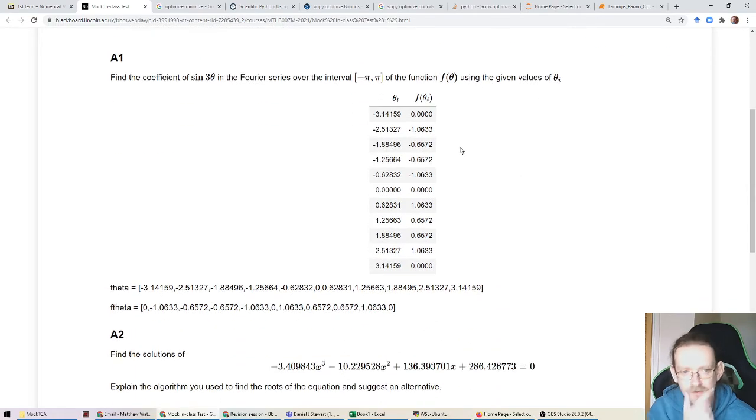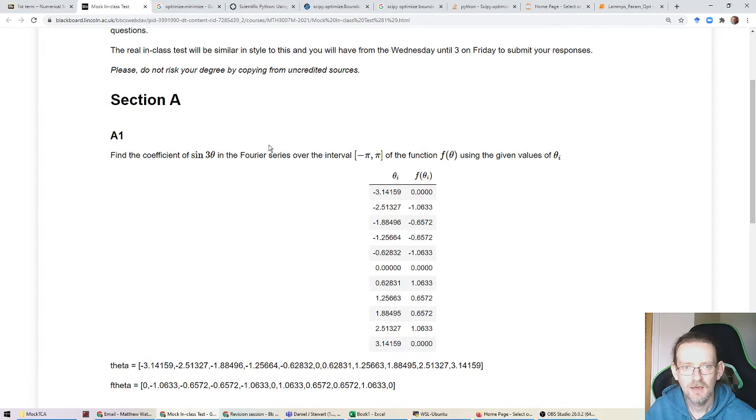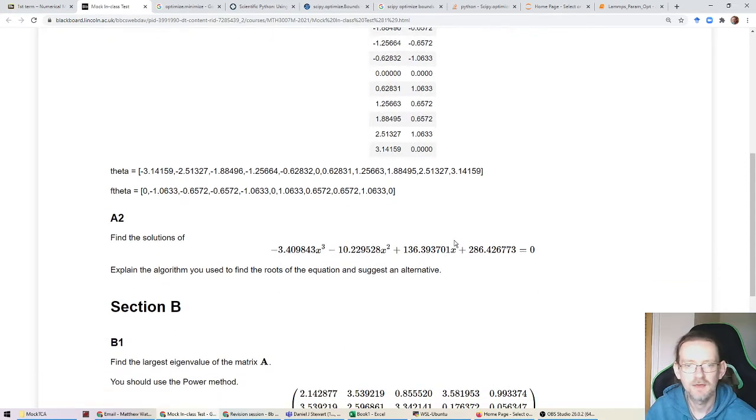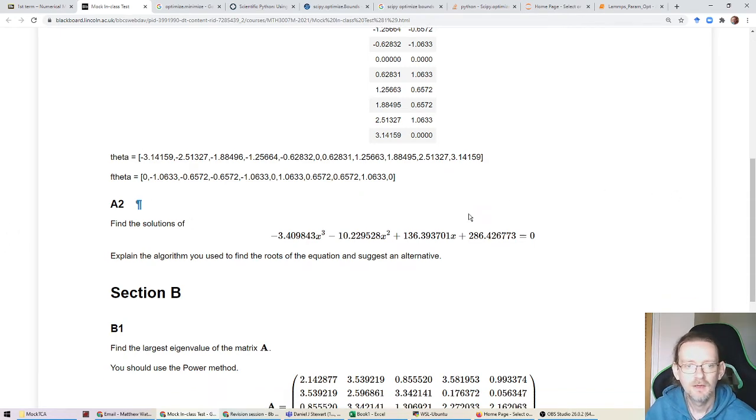Marks are put in, showing what's worth what. In this case, fitting through a series to find the coefficient of 3 theta. We didn't have an assessment on that, but I did go through examples very similar to it. Then finding solutions, which is very similar to the week 8 material.